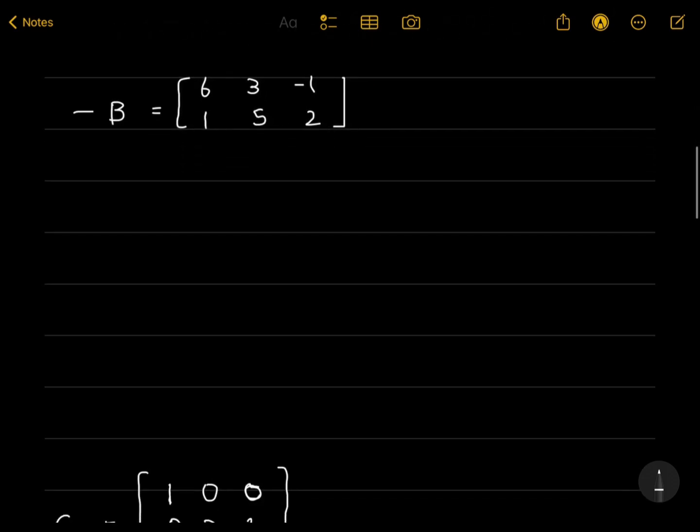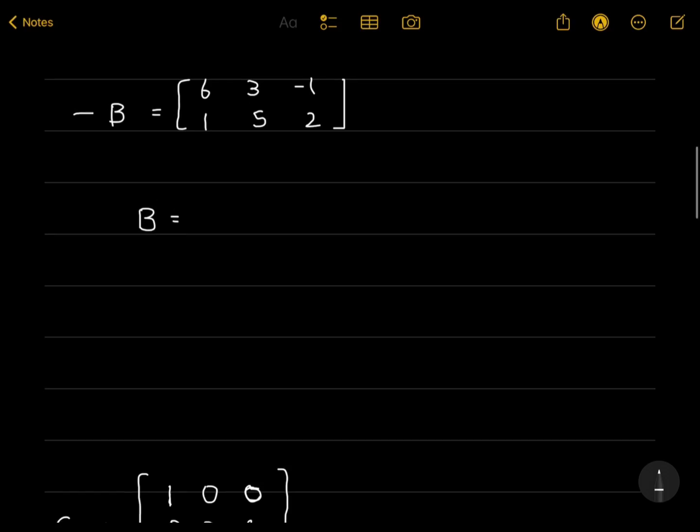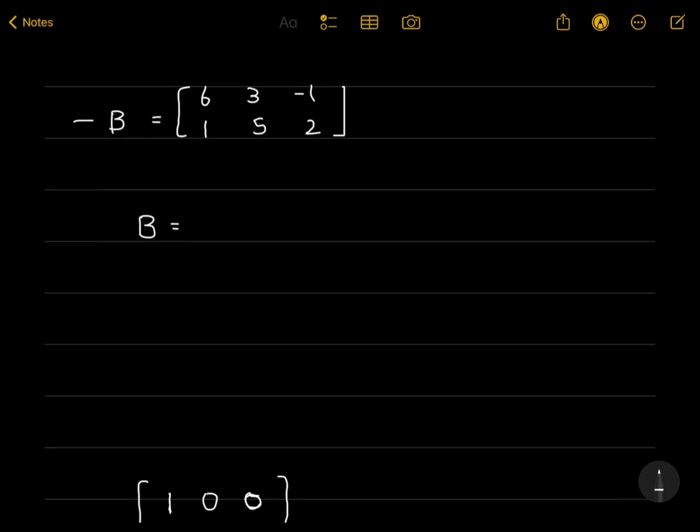Let's move on to the second question. Second question says 6, 3, -1, 1, 5, and 2. Let's find the order of this matrix. So order of matrix B is, let's find the rows. How many rows? 1 and 2. 2 rows.